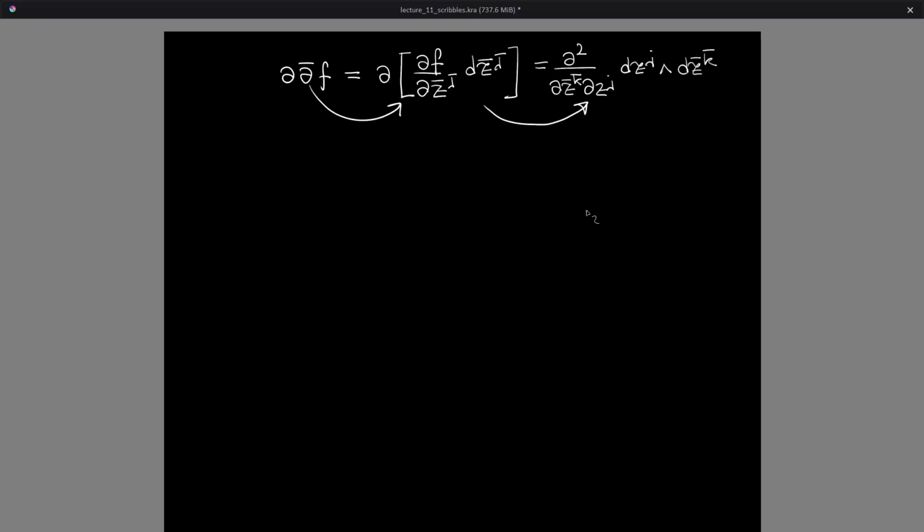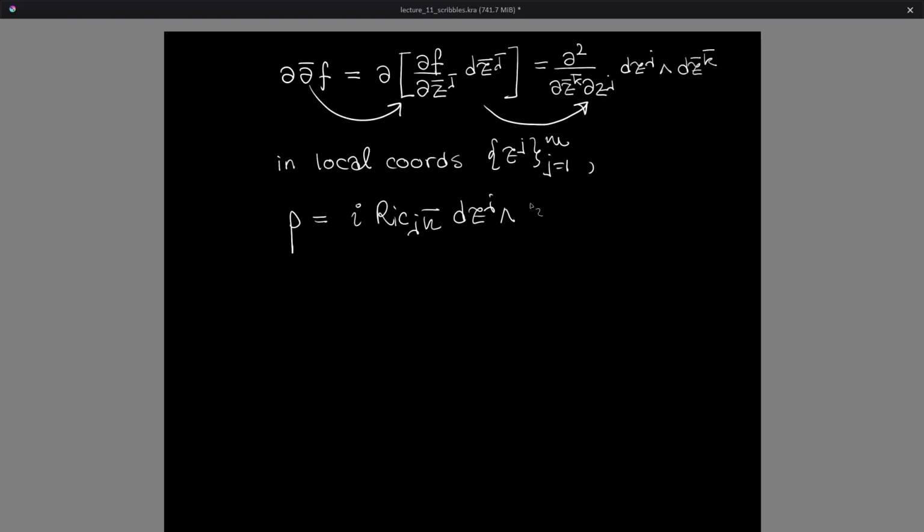So once we have this, we can say that since the Ricci form is a 2 form, we know that in local coordinates, let's say zj, j equals 1 to m, rho would be equal to I Ricci of jk bar dzj wedge dzk bar, right?